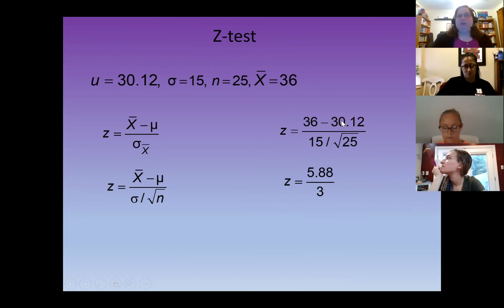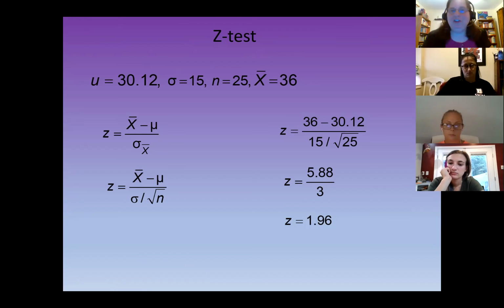And 36 minus 30.12 resolves to 5.88, giving me 1.96. That number should sound familiar again, right? That's our two-tailed cutoff. But unfortunately, we didn't quite make it over the two-tailed cutoff, right? We would have to be just a little higher. 1.965, we would have been there. 1.96001, we would have been there, but not 1.96.